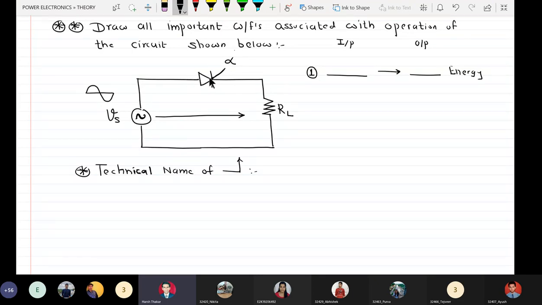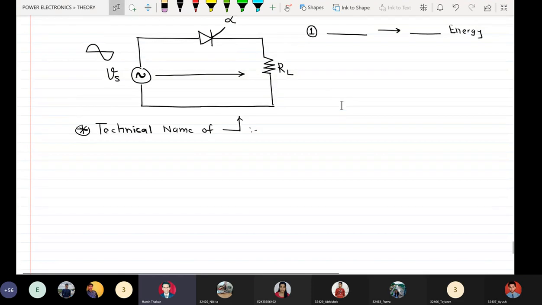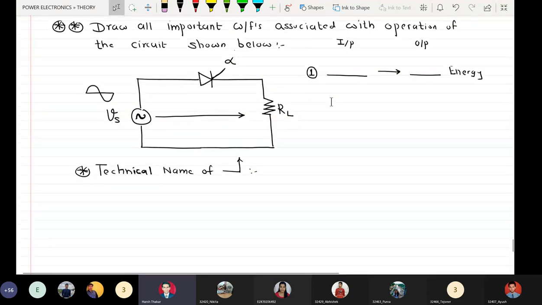From pi to 2 pi, the negative half cycle is completely blocked, that is full control of the negative half cycle, and from omega t equal to 0 to omega t equal to alpha, the positive half cycle is also controlled. So although we say that this is a half controlled converter, still from the basic definition, this circuit is able to control some portion of the positive half cycle and also the complete portion of the negative half cycle. Because there is only one device, we say it is half wave.